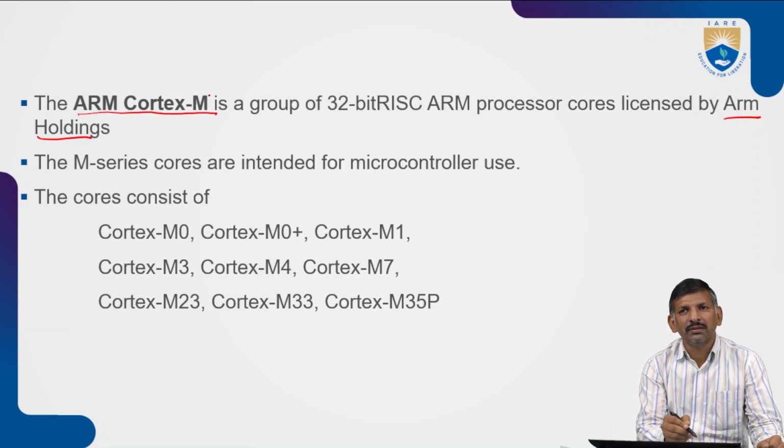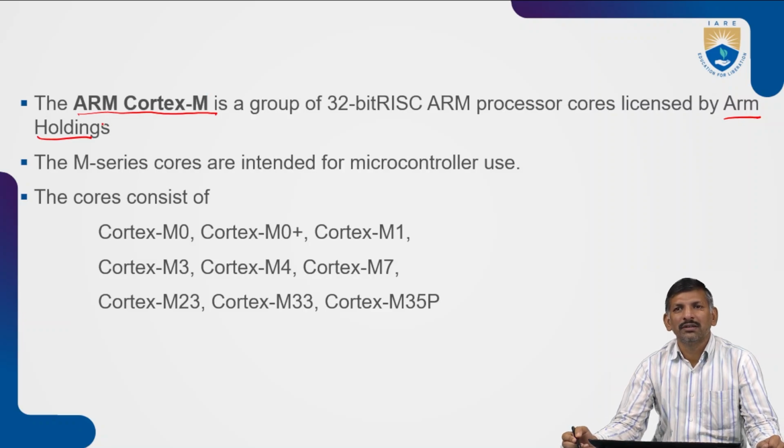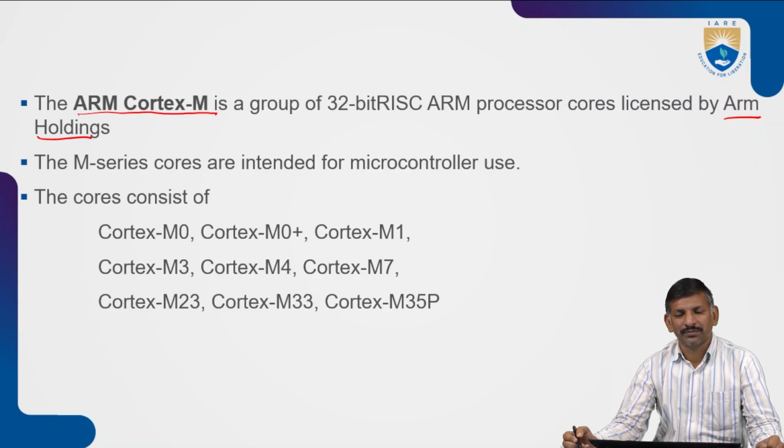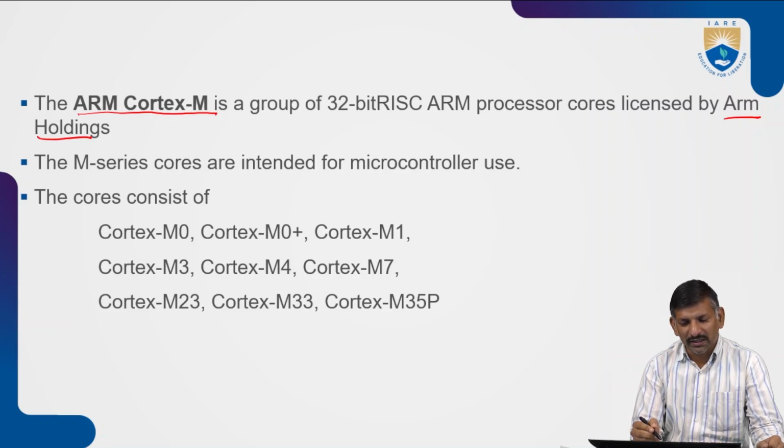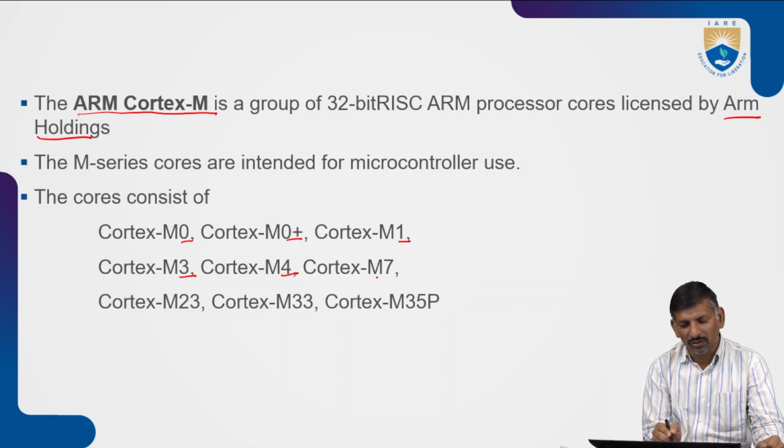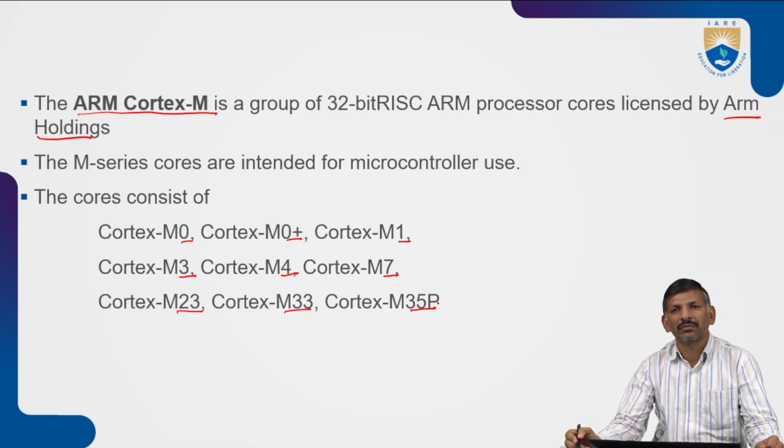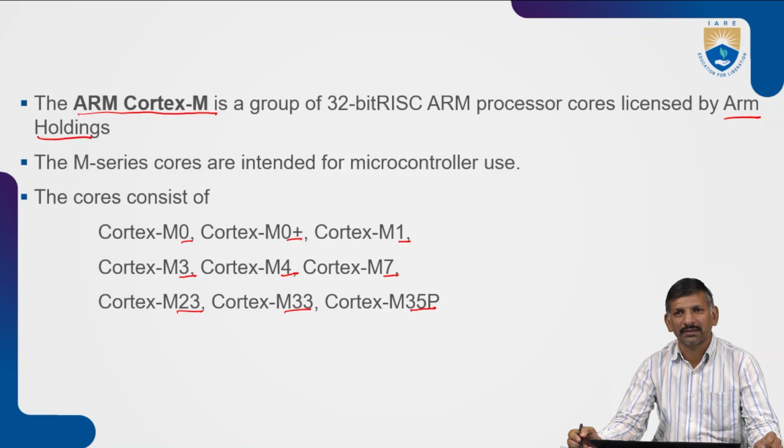This processor architecture is used in microcontroller design. Examples of Cortex-M are Cortex-M0, M0 Plus, M1, M3, M4, M7, M23, M33, M35P.